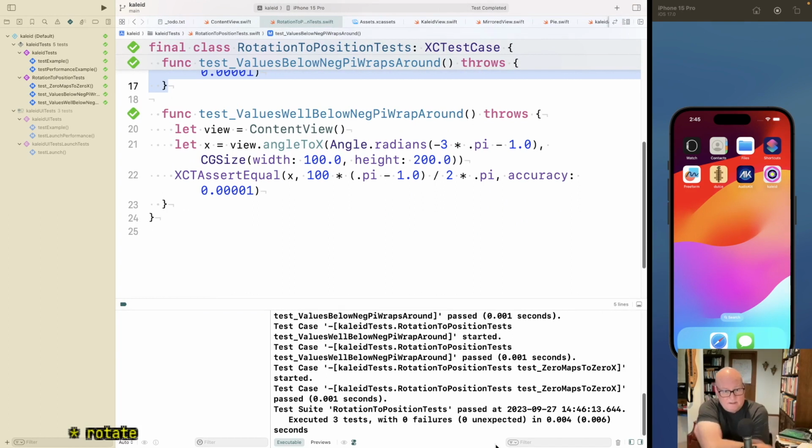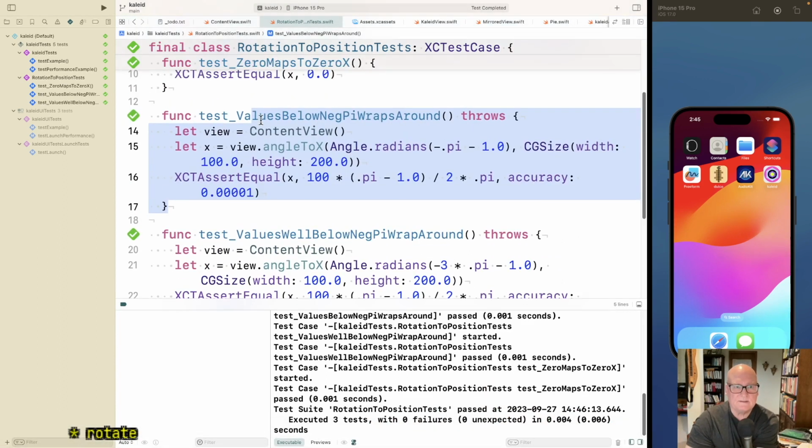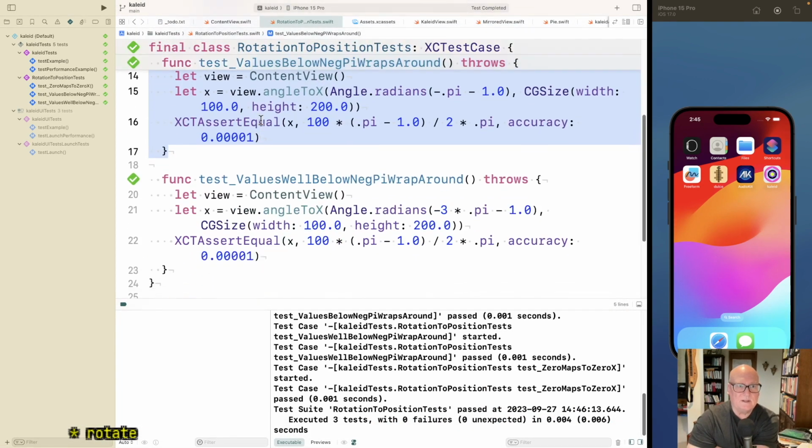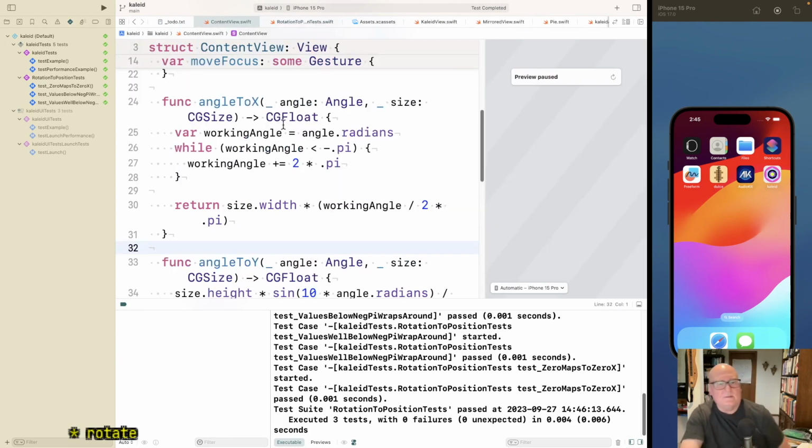All right, and then, so minus pi, I feel like I'm not quite getting the right answer still. Yeah, because, oh dear.